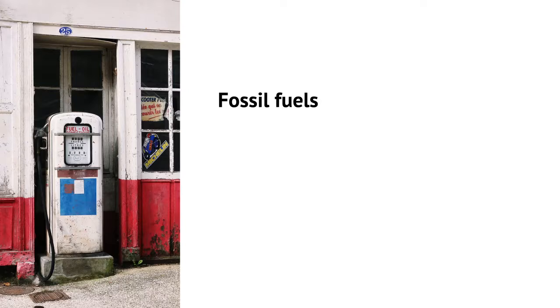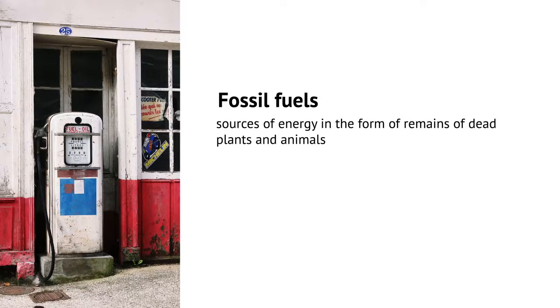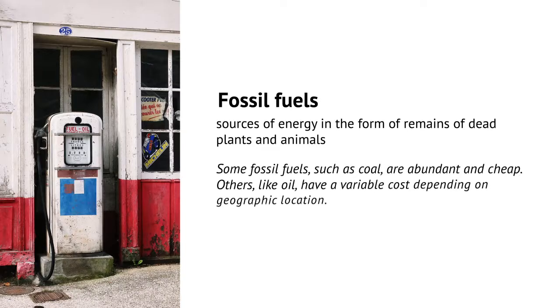So, another new word here is fossil fuels. Basically, they are sources of energy in the form of remains of dead plants and animals. Sounds scary. Well, they developed over millions of years and are now available as coal, oil, and natural gas. Example: some fossil fuels, such as coal, are abundant and cheap. Others, like oil, have a variable cost depending on geographic location.